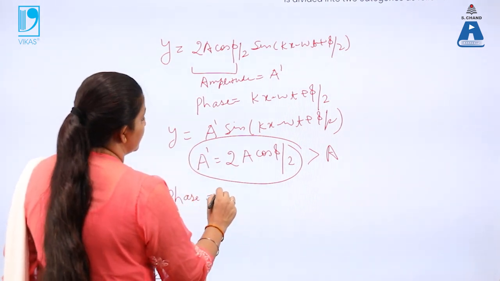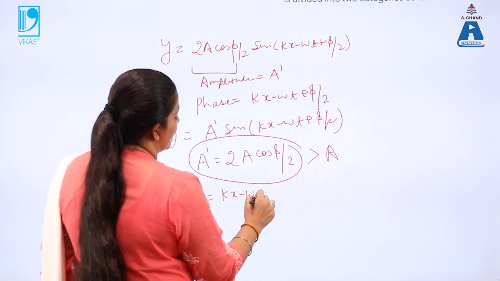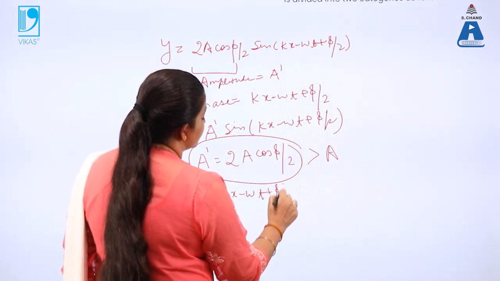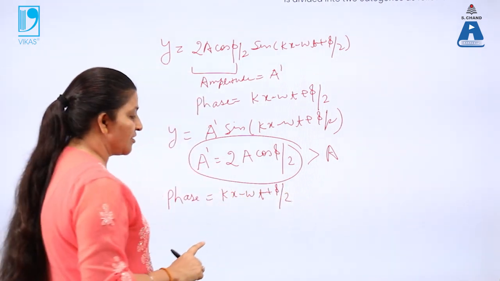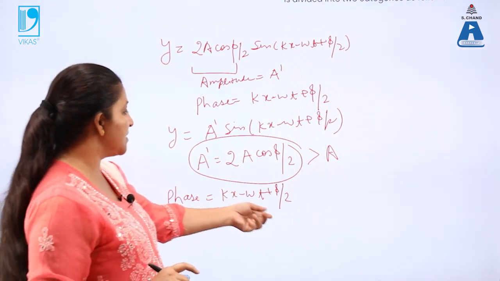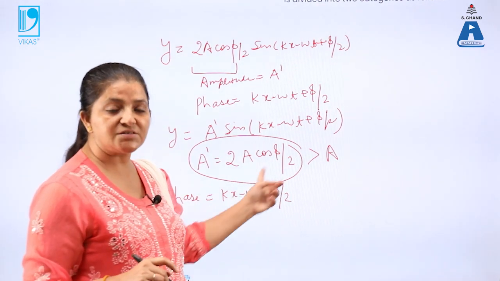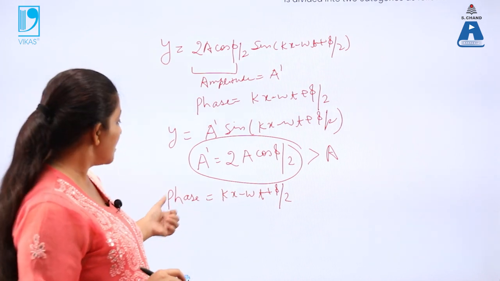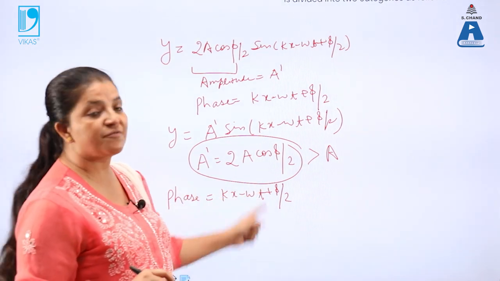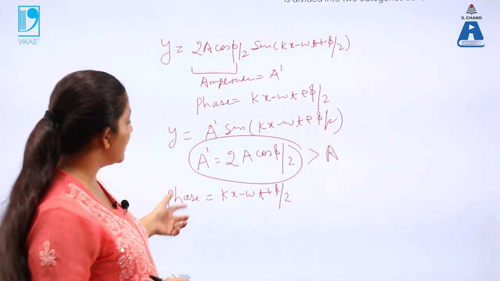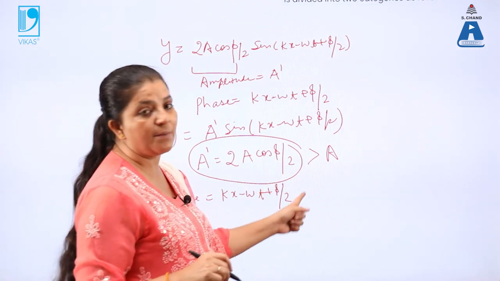And the second thing, what is the phase over here? Here the phase is kx minus omega t plus phi by 2. Means for the resultant wave, the phase difference is half of the phase difference between the two waves. The phase difference between the two waves is phi, while the resultant is at the phase of phi by 2.